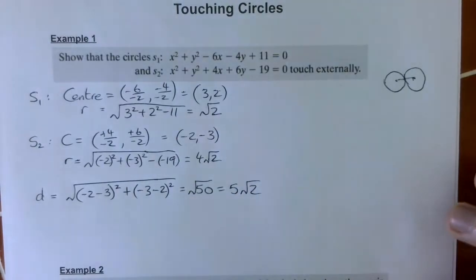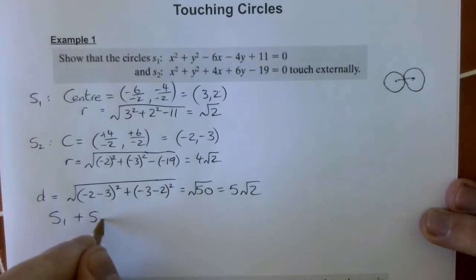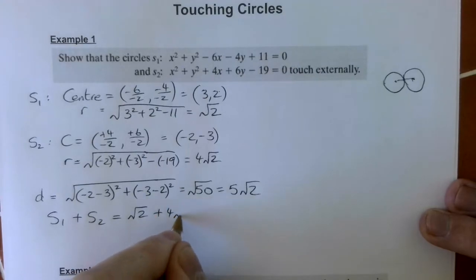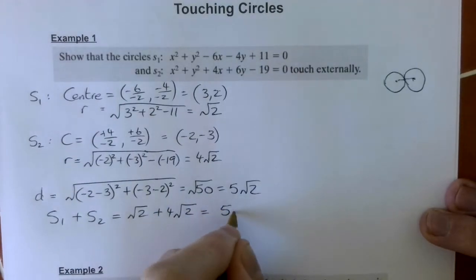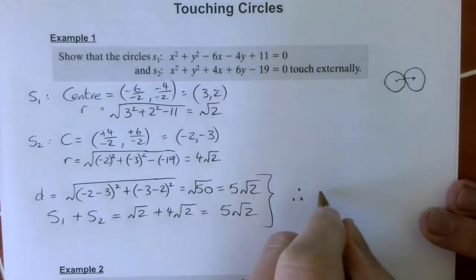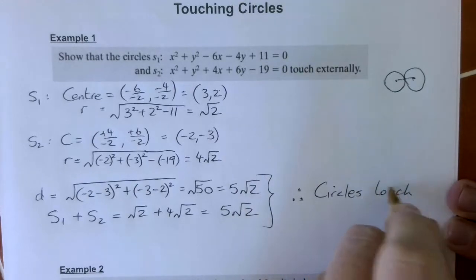And then we're going to check: is that the same as when you add the radii of S1 and S2 together? It's going to be the square root of 2 plus 4 root 2, which is equal to 5 root 2. Since both of these are the same, the circles touch externally.